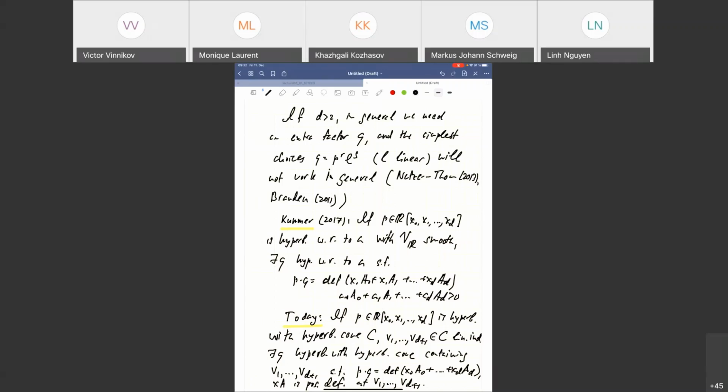Okay, if you change coordinates, then of course we can just take v1 through vd plus 1 to be the standard basis vectors.